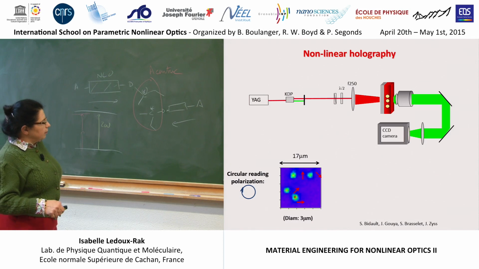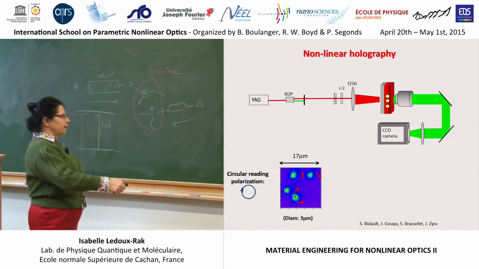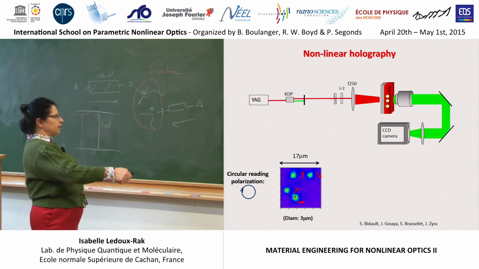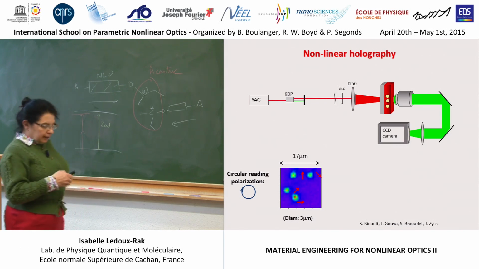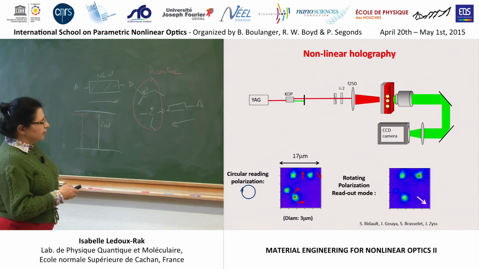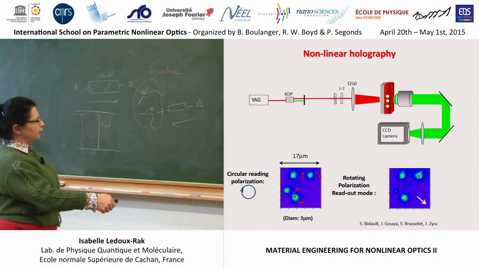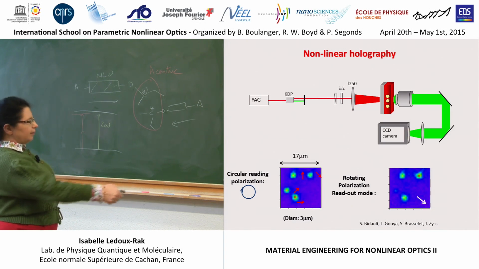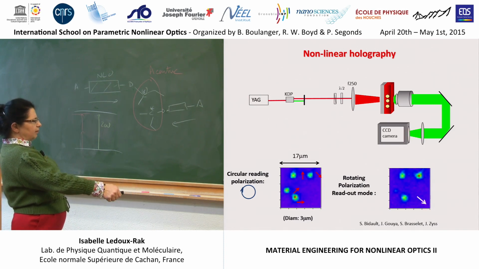So it's possible to write pixels, dipolar ones to start, with a different average orientation of molecules in each of them. For this one, the orientation is vertical, this one is horizontal, this one is like that. And then, when rotating the reading polarization, starting with this orientation will mainly highlight the object which is parallel, and the other one will be less visible.